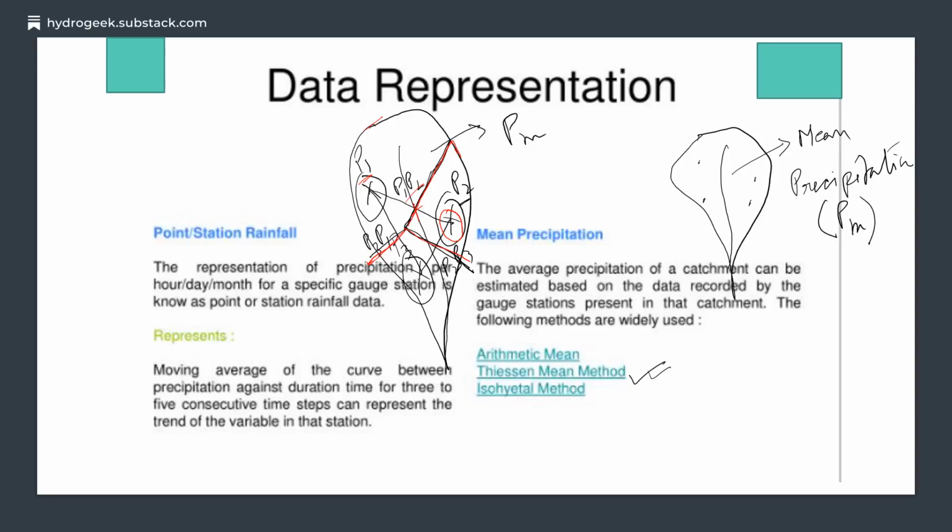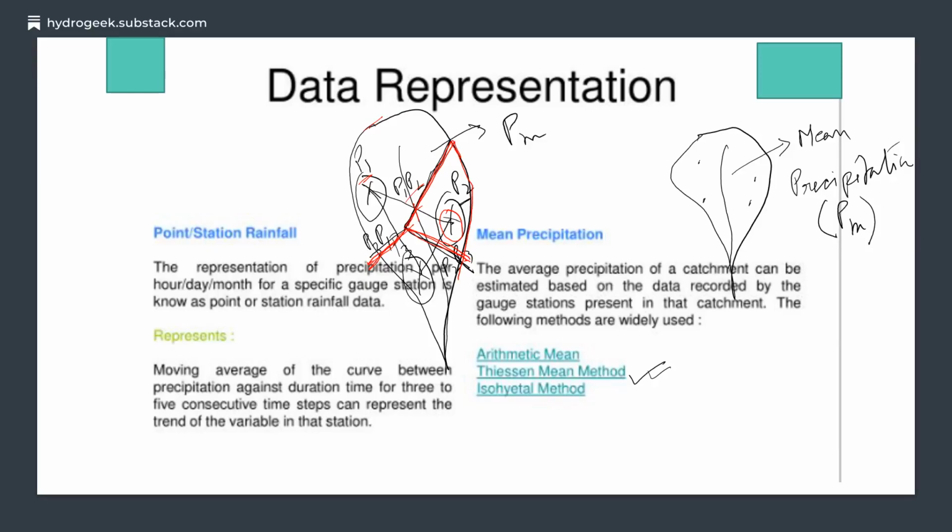And same for P3, the bisector of P1 P3 or P3 P1, whatever way you say it, and the bisector of P2 P3. Again this surrounds the rain gauge station P3. Now you can say that these two lines are clear for the polygon, but what about this line? This is just like a curve.